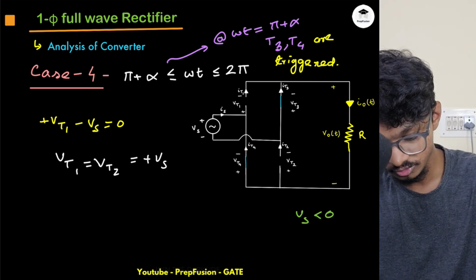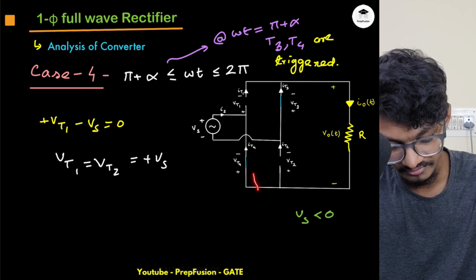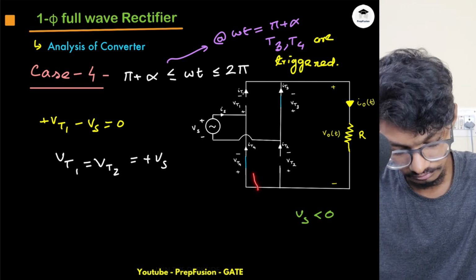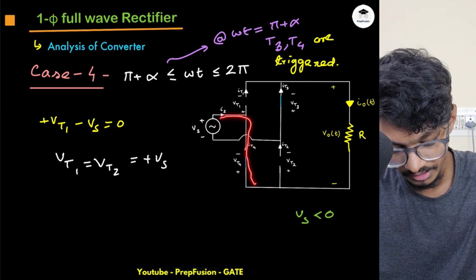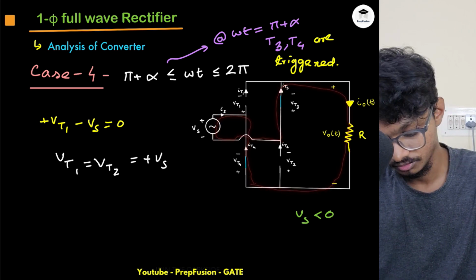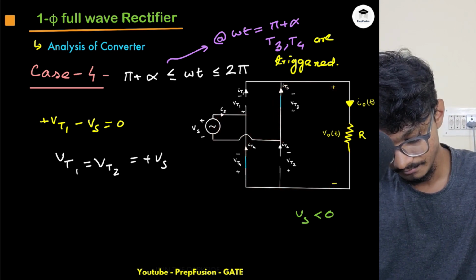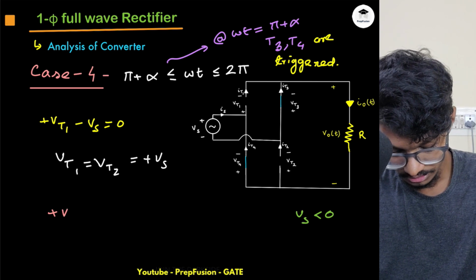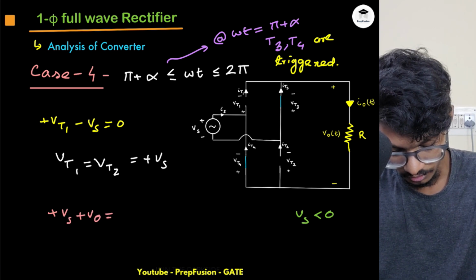So what is my VO this time? If you apply KVL through T4 and T3, I start from here, plus Vs plus VO equals 0.